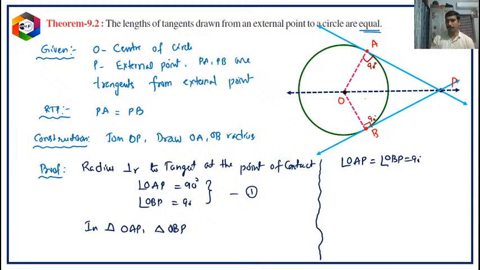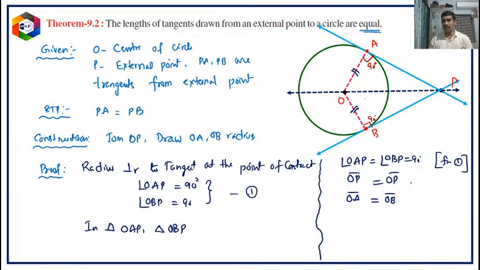Because radius is perpendicular to the tangent at the point of contact. Already we have mentioned this in 1. And next one is OP is equal to OP, which is the common side. Common side is always equal. Why? Because OP is the side which is common for both the triangles. If it is a common side, always equal. And next one is radius in any circle will be equal. Similarly, OA is equal to OB.